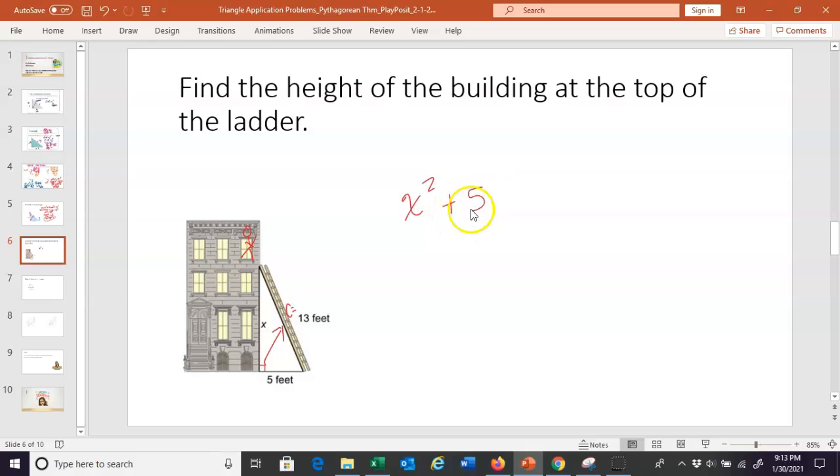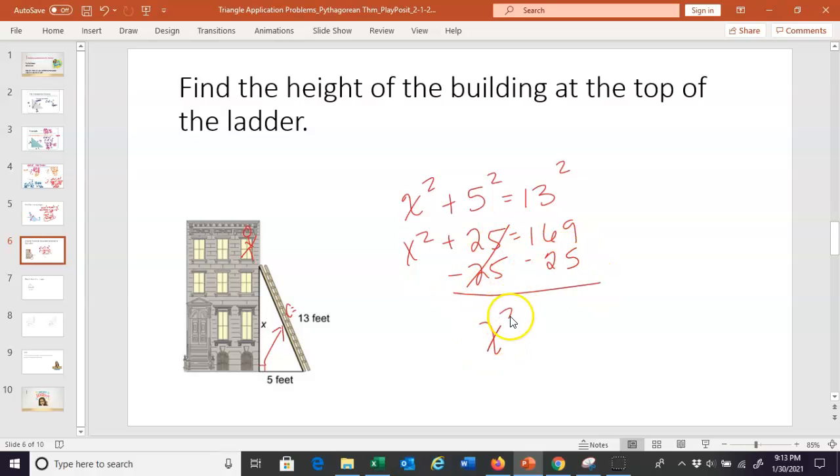We have x squared plus 5 squared equals 13 squared. You might recognize this triangle already as a special triangle, but let's solve it. So 169 minus 25, right, is 144. And then we'll take the square root of both sides because that's the inverse of squaring.